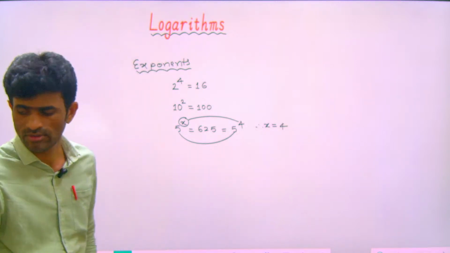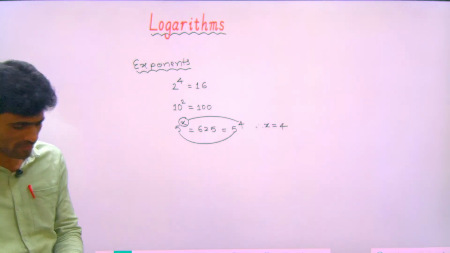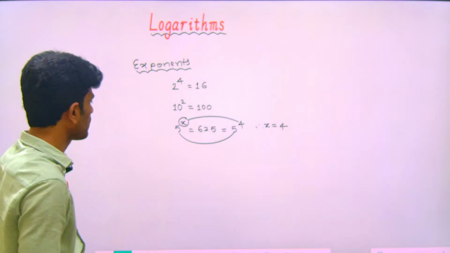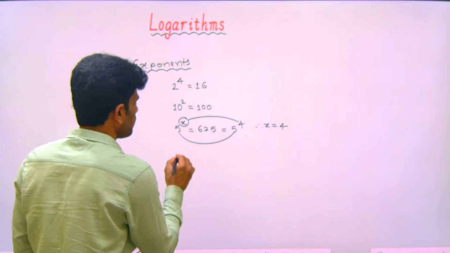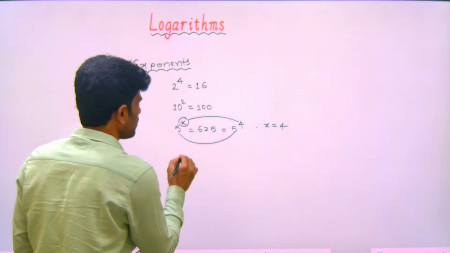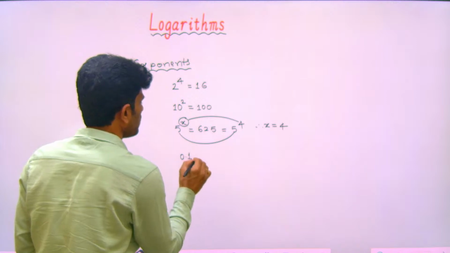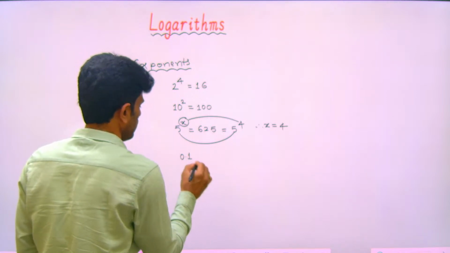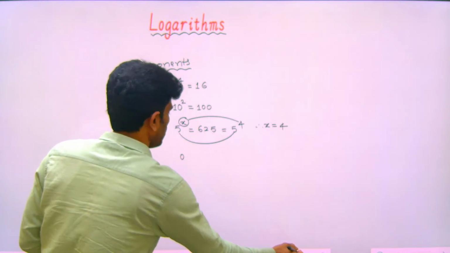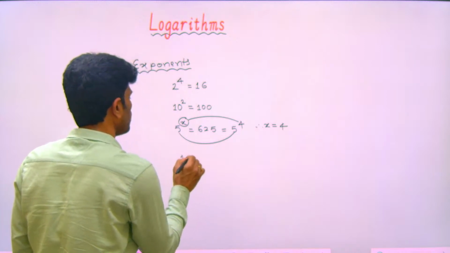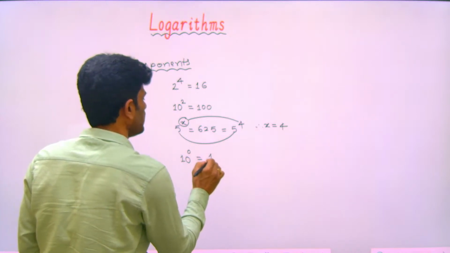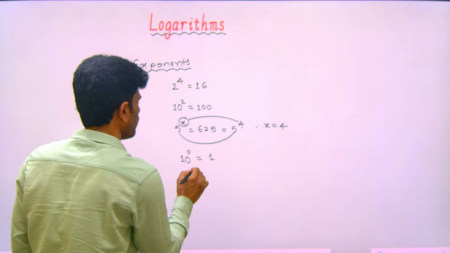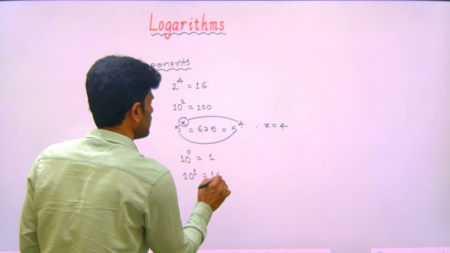Correct? So here, for example, I have one problem. 10 to the power of 0 is 1. 10 to the power of 1 is 10.